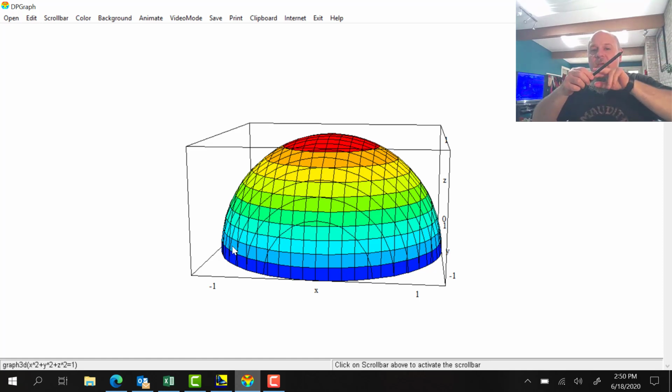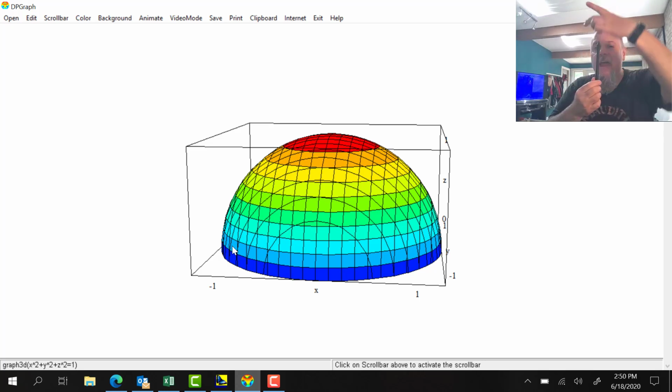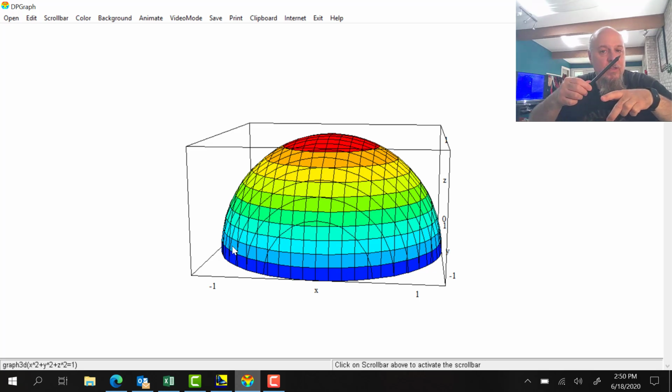So tilting makes the vector longer. Straight up and down is as short as that gradient can be. That would be all in the z direction. So the area of that little square would be exactly the area of the shadow. Tilt it, and the area of that little square would be more than the area of its shadow.